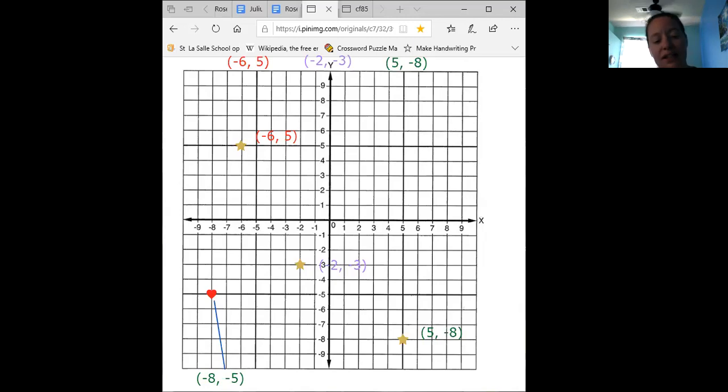It is at negative 8, negative 5. Okay, that's really all that there is to graphing the points or figuring out which point it is.